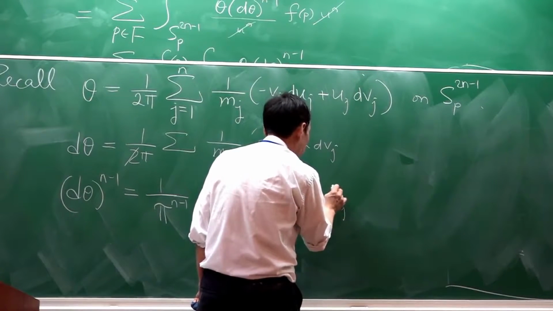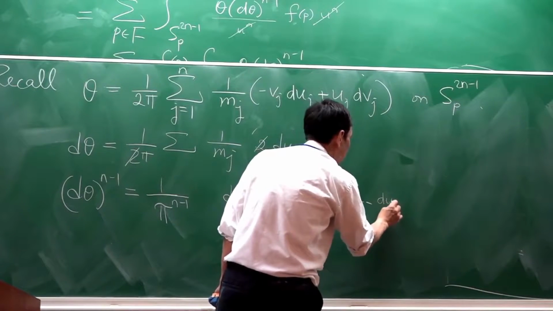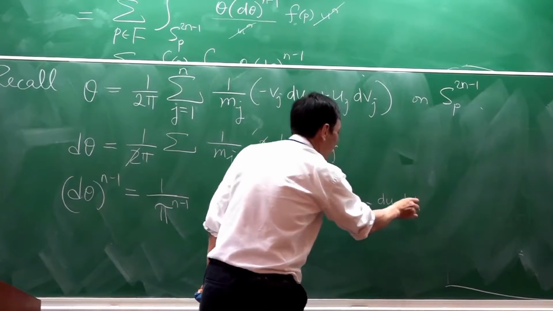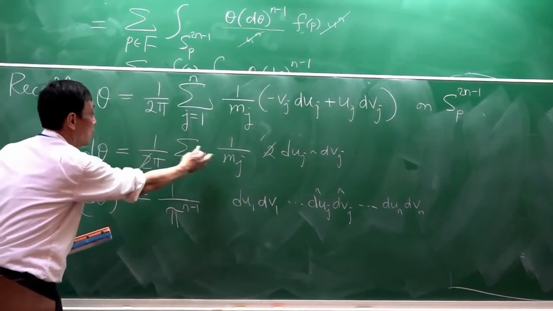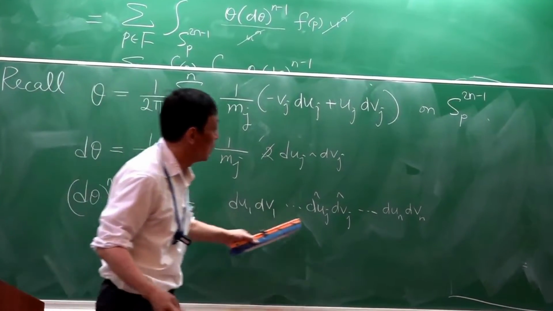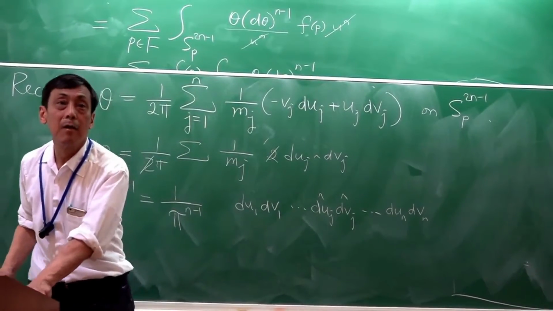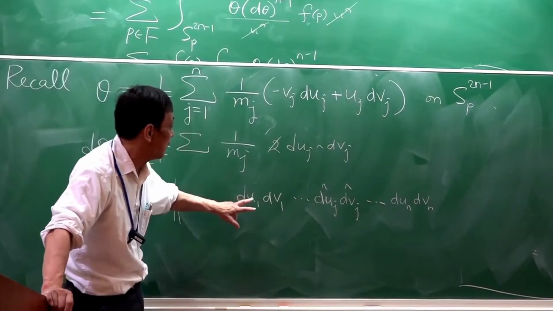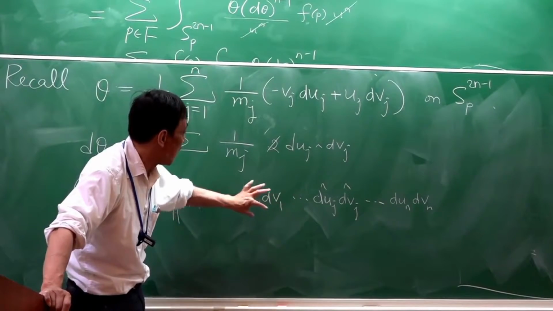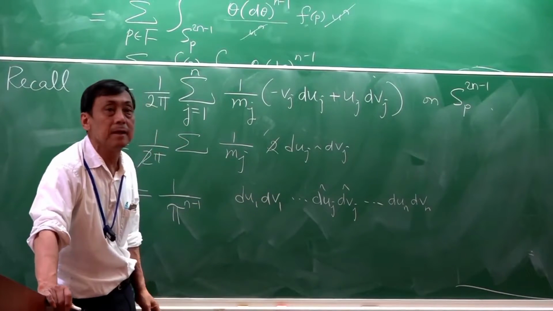There's one j that's missing. When you multiply n minus 1 of these together, you'll get this. One of them will be missing. Now, for a fixed j, how many of these will you get?